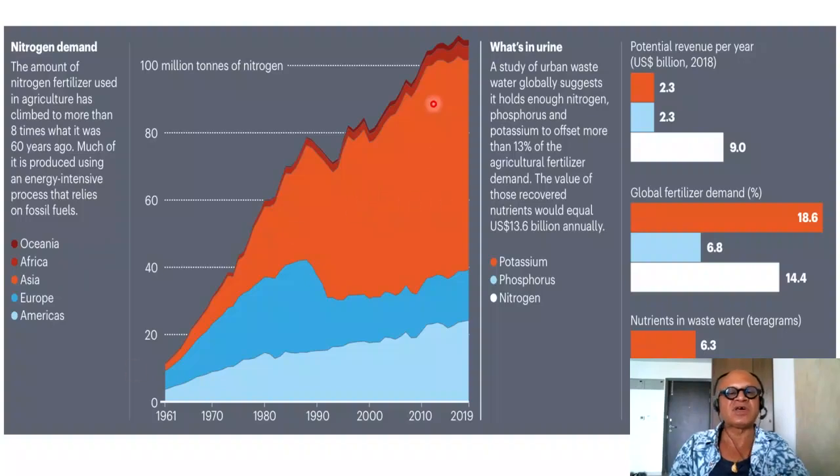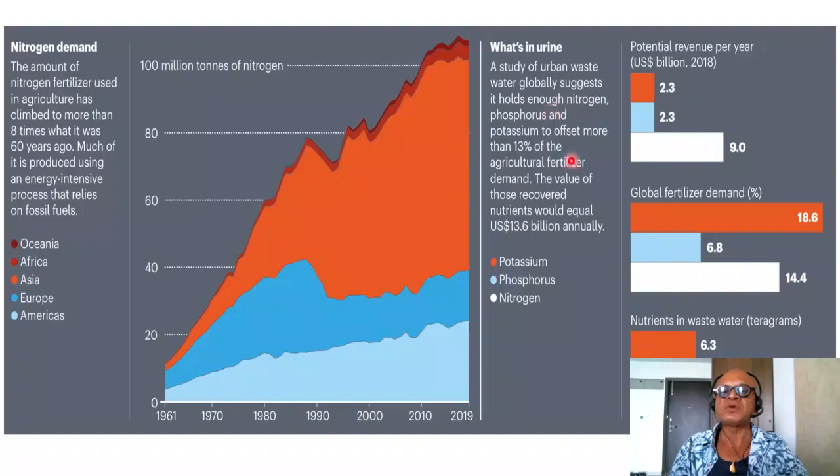China, India of course dominate, so Asia is huge here, with Europe and the Americas down here, and Oceania adds a little bit, and Africa is adding a little bit more. But from 1961, with under 100 million tons, by 2019 we have crossed over 100 million tons of nitrogen per year being used.